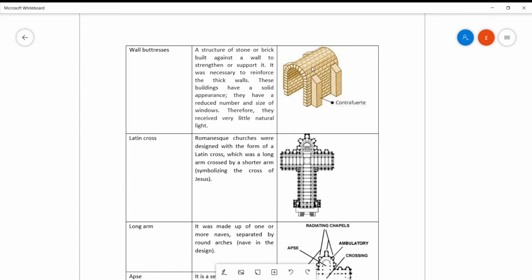Okay, así que they need to reinforce the walls. Okay, and again, this is explaining about the windows. We don't have a lot of windows, and those windows that we have are very small in size.